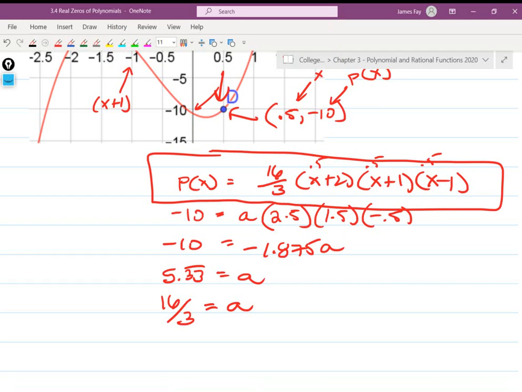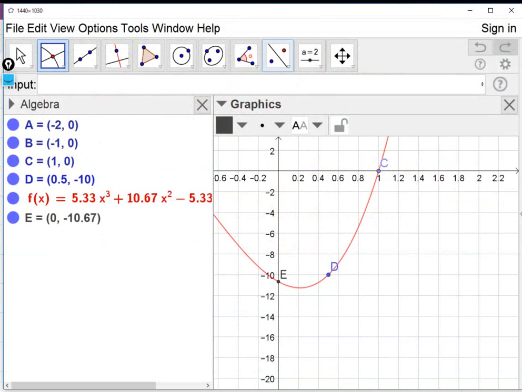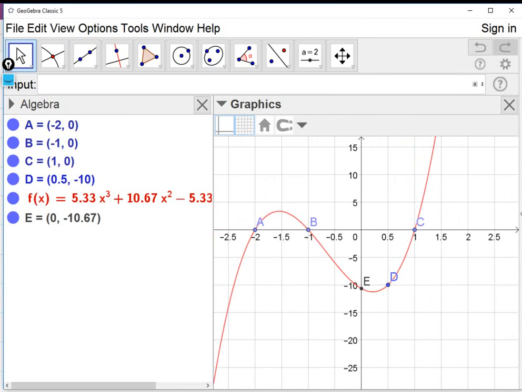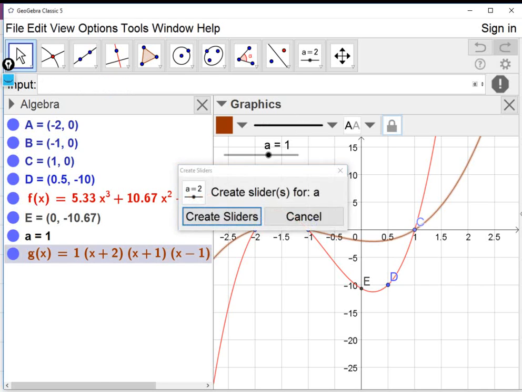Okay. And remember, there's an infinite number of polynomials that go through, if I take a times x plus 2, x plus 1, x minus 1.